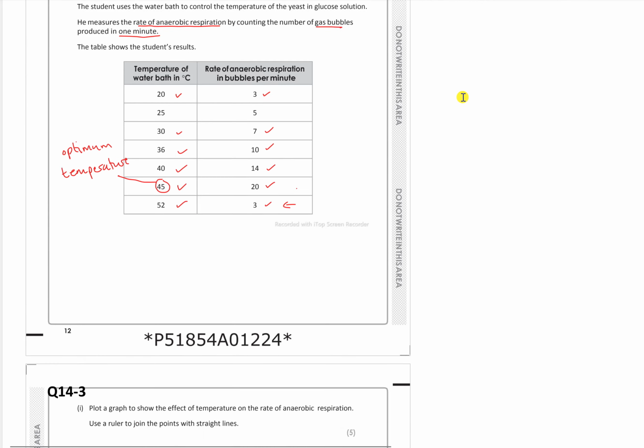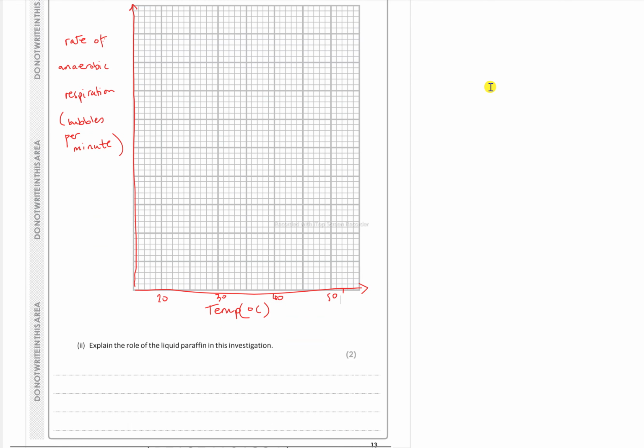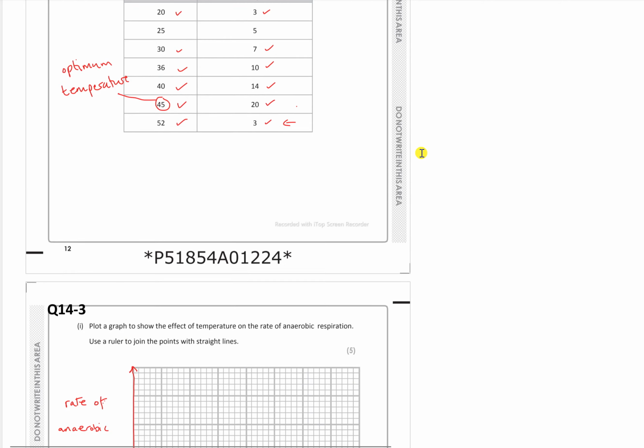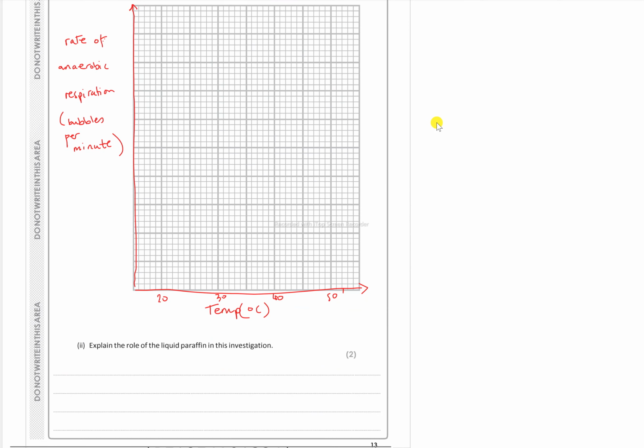Okay, so at 20 it's 3. What do the bubbles go up to? 20. So what we could do is make it 5, 10, 15, 20. So each one of these is a half. You've got to be careful now.